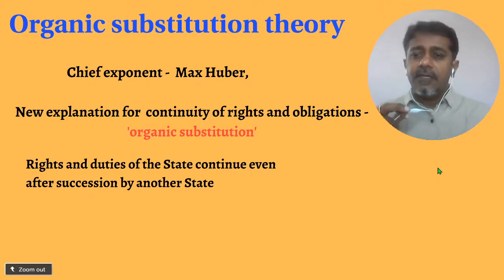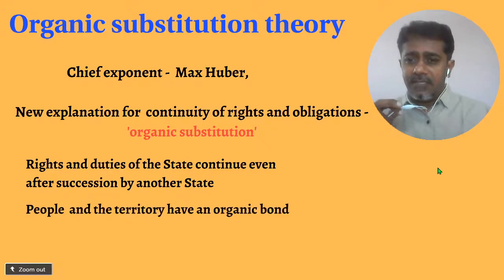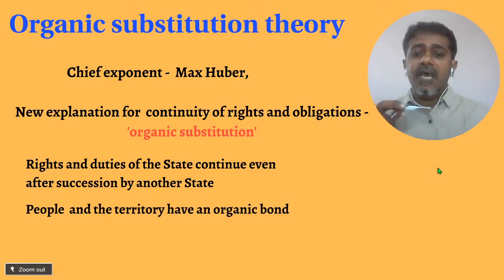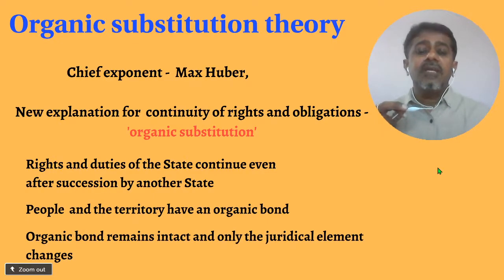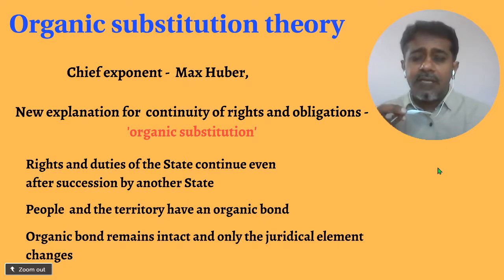They say that rights and duties of a state continue even after succession by another state, because people and territory have an organic bond, similar to what we discussed in the earlier theory. And further, the organic bond remains intact, and only the juridical element changes. We studied the concept of personality in jurisprudence, where we heard of the concept of natural person and juridical person, or judicial and legal personalities.